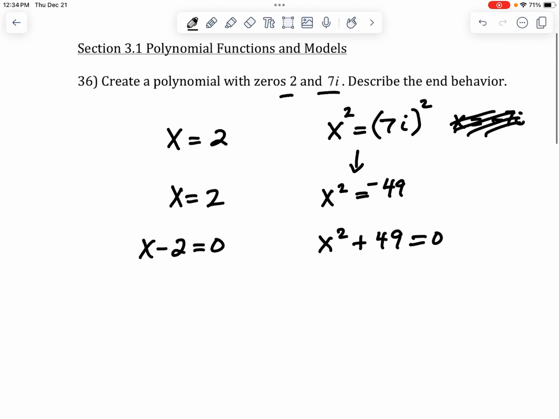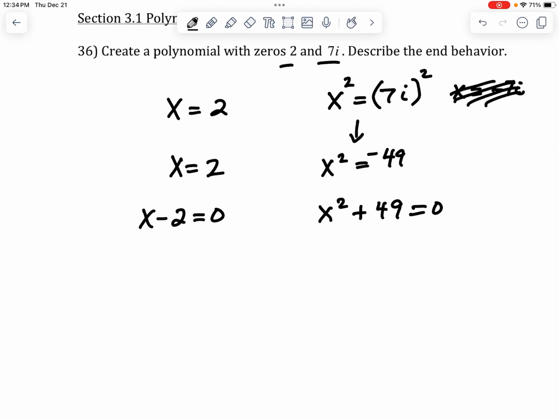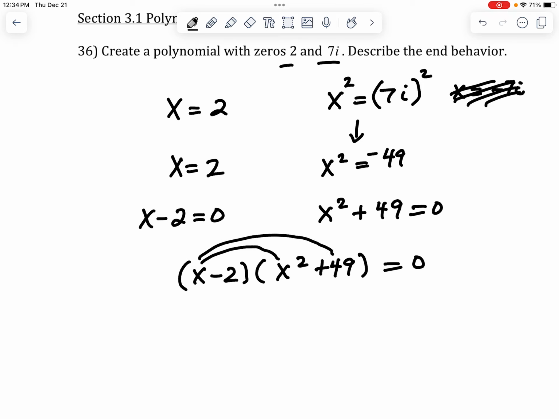And then somebody must have had, right before that step, x minus 2 multiplied with x squared plus 49, and they had that equal to 0. And then we just need to multiply this out. So if you distribute the x first, we're going to have x cubed, and then plus 49x.